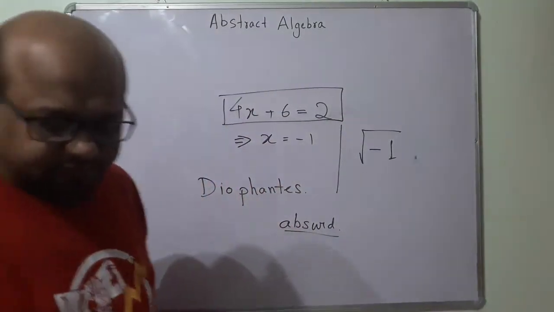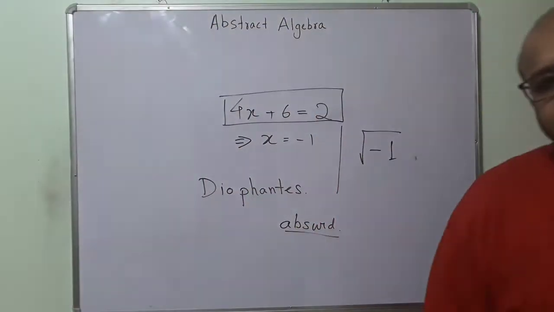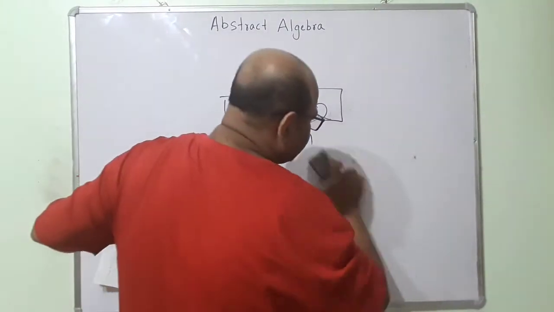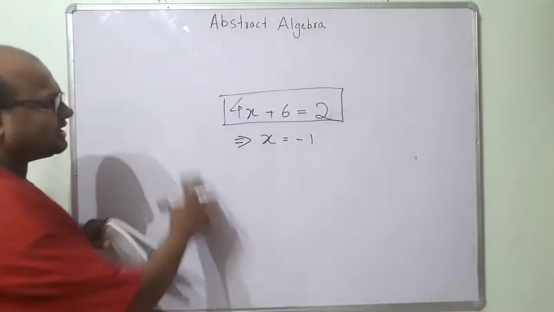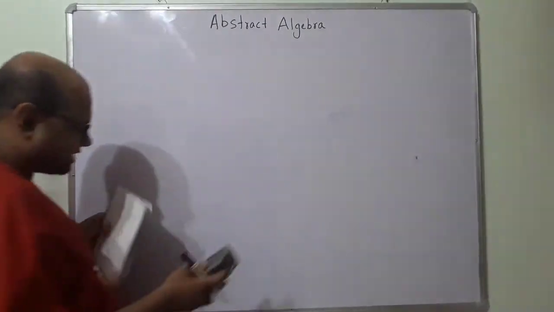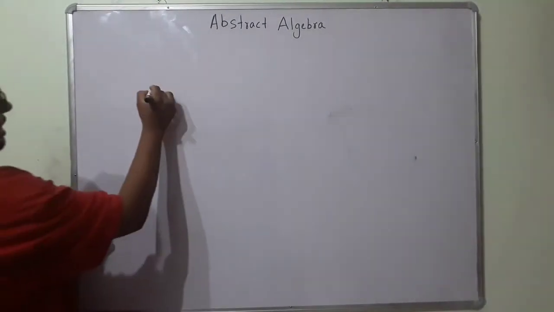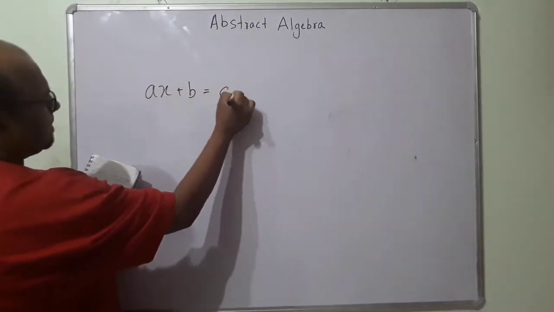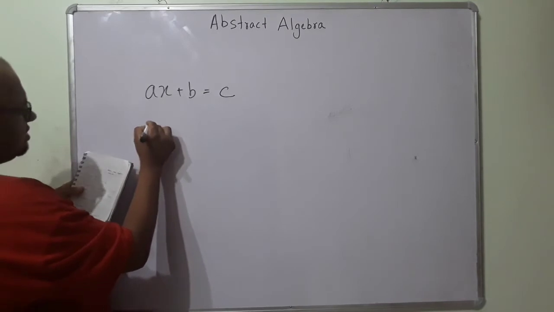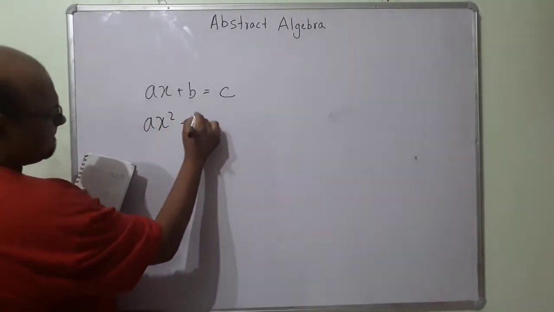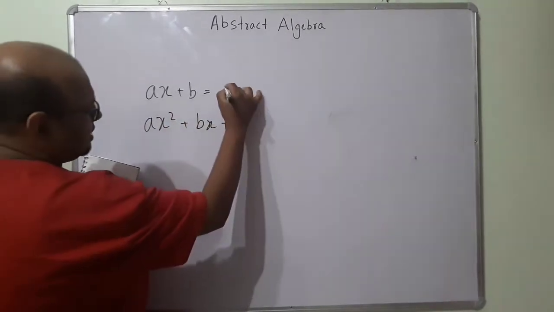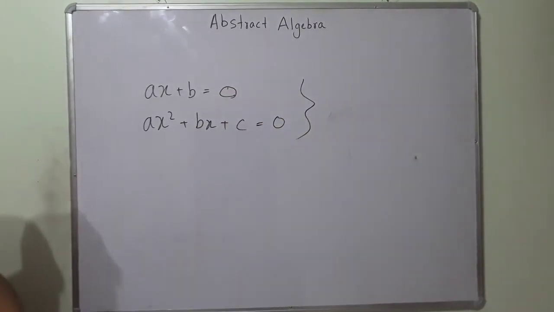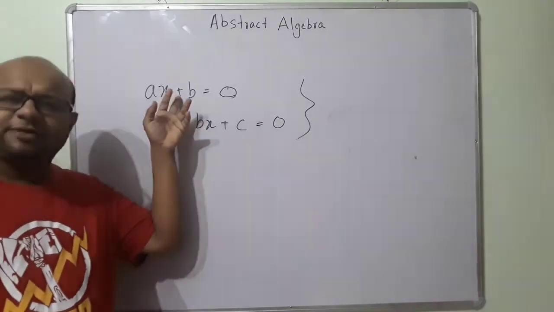Okay. Now going back to normal algebra, we will talk about modern or abstract algebra in our context a bit later. Going back to algebra, we had these kinds of formulas. Here x would be minus b by a.